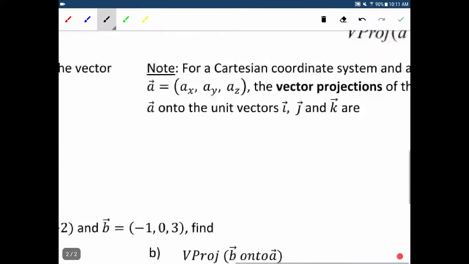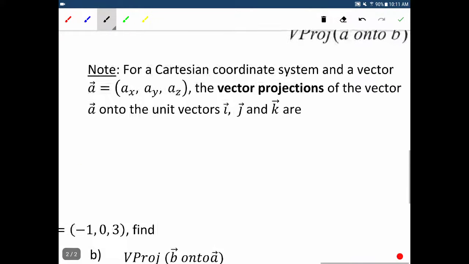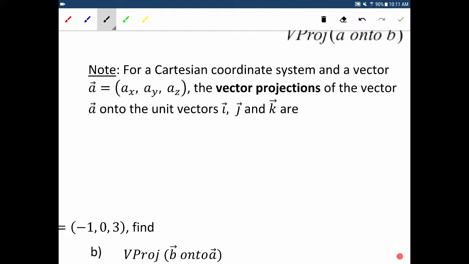All right, so again, note if we're projecting the components of a vector onto the unit vectors, it's basically the same thing, but it's going to project it as Ax. So you take the X component of A, and it's going to go in the direction of i, which, since i is already a unit vector, is all you have to do.